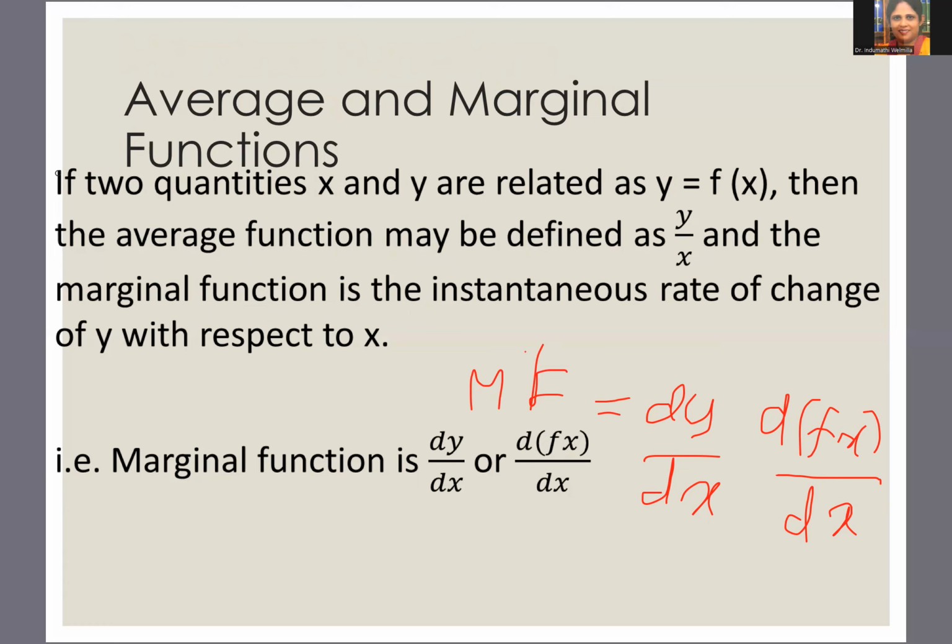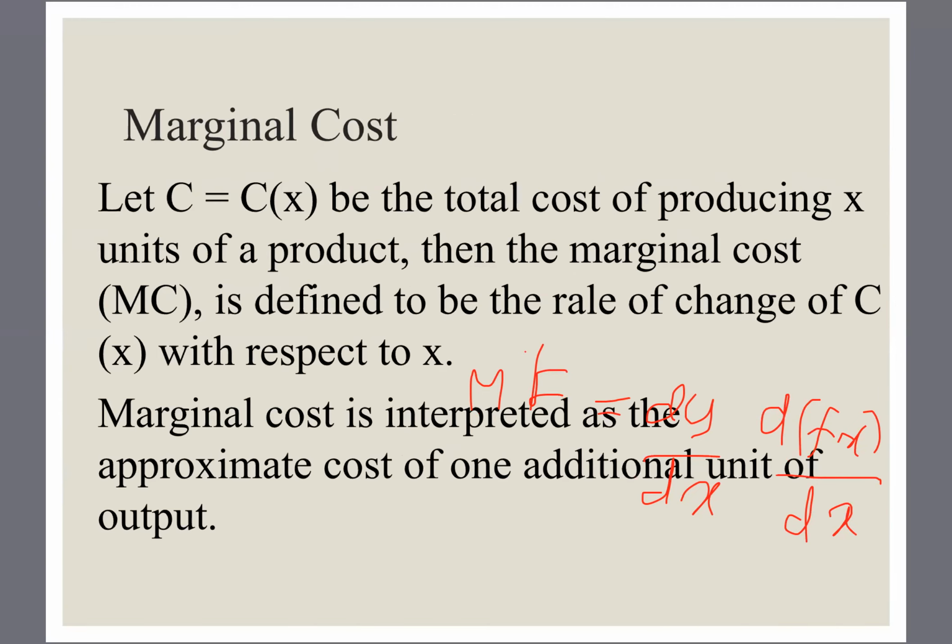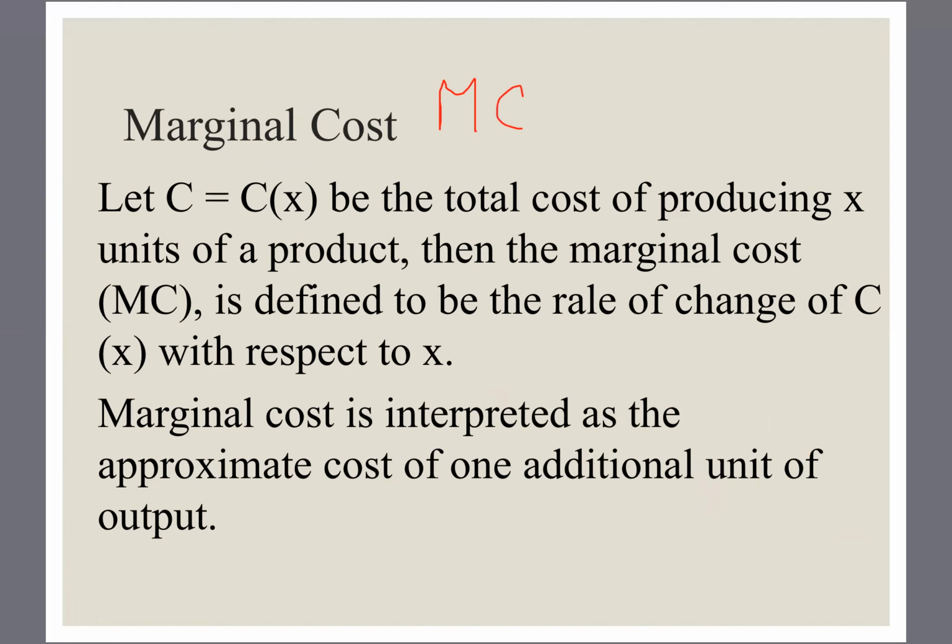Another thing is that we can name these marginal functions, so we can use some notations to represent them. Therefore for the marginal cost we use MC or C dash to represent the marginal cost.